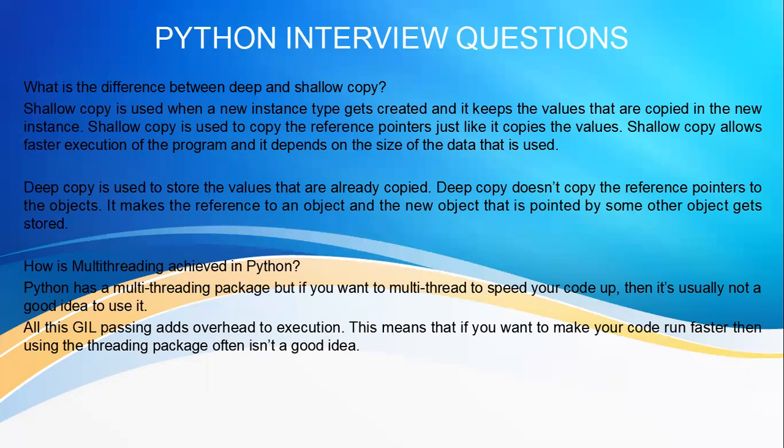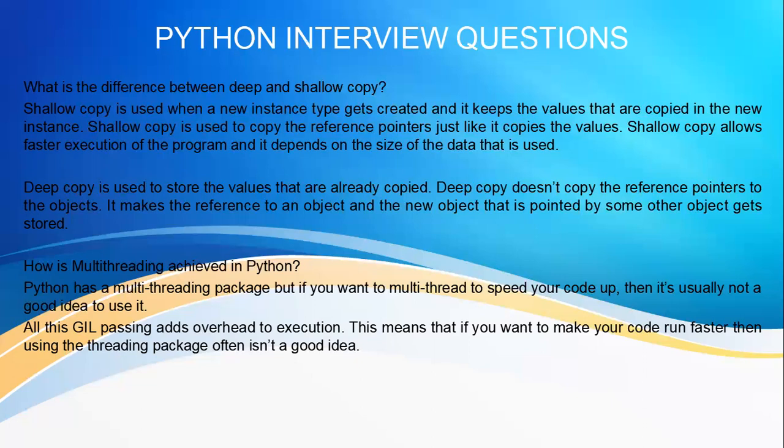Shallow copy is used to copy the reference pointers just like it copies the values. These references point to the original objects, and the changes made in any member of the class will also affect the original copy of it.